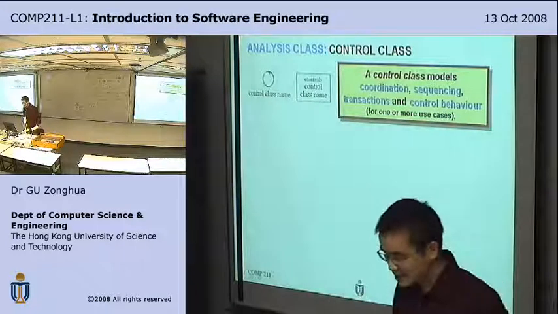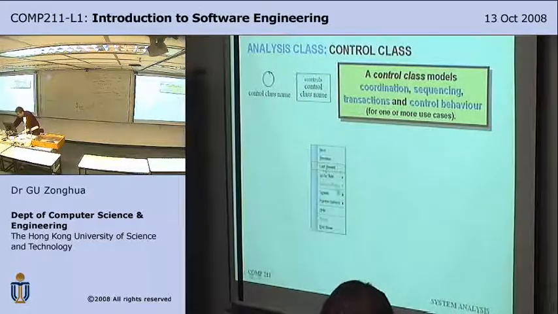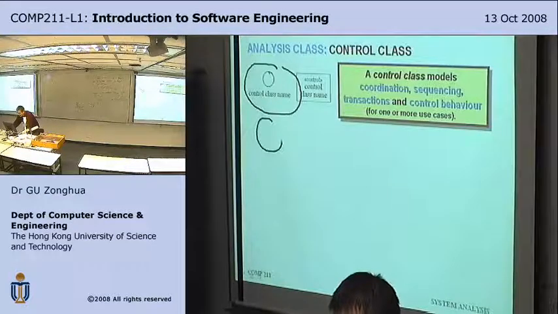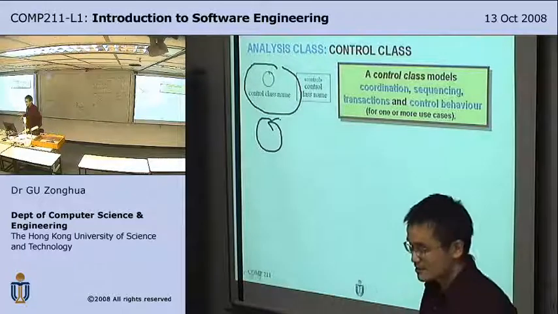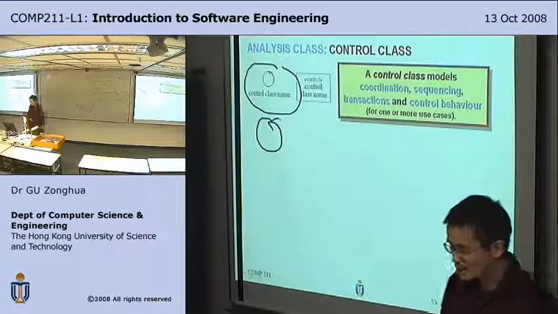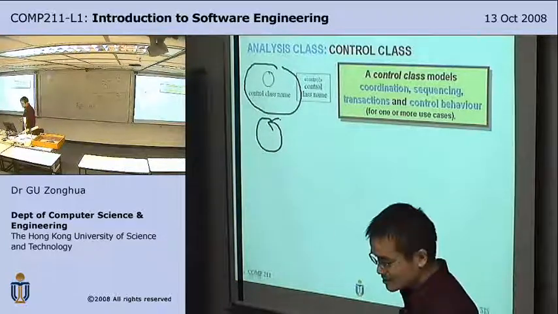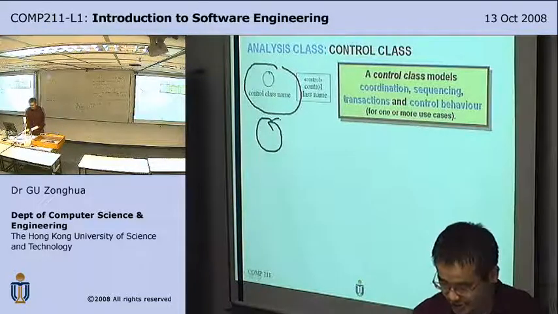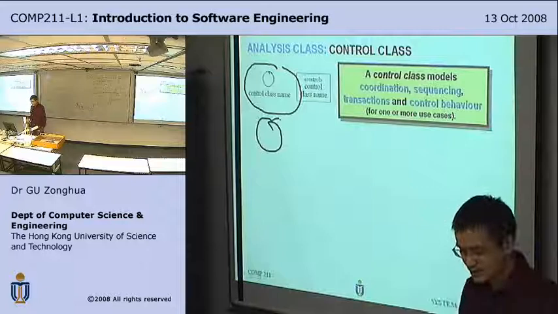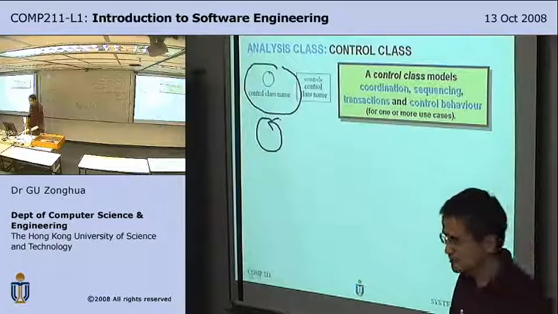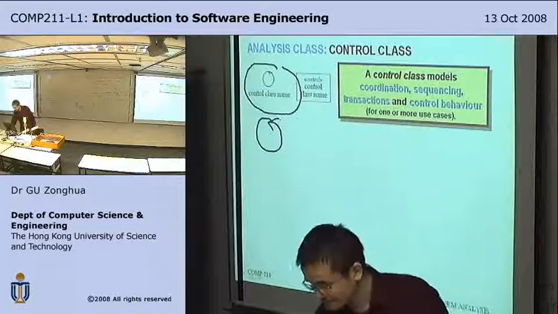So control class looks like this. It's kind of like a cycle with an arrow, right? It means that it's going round and round. It's something that models the coordination, sequencing and transactions, and control behavior. That is, it really acts like a conductor in an orchestra to coordinate everything.